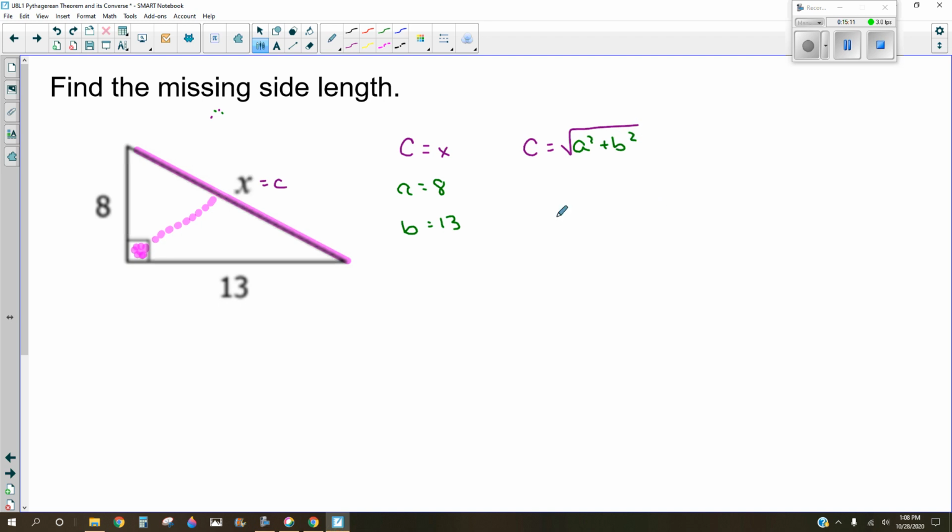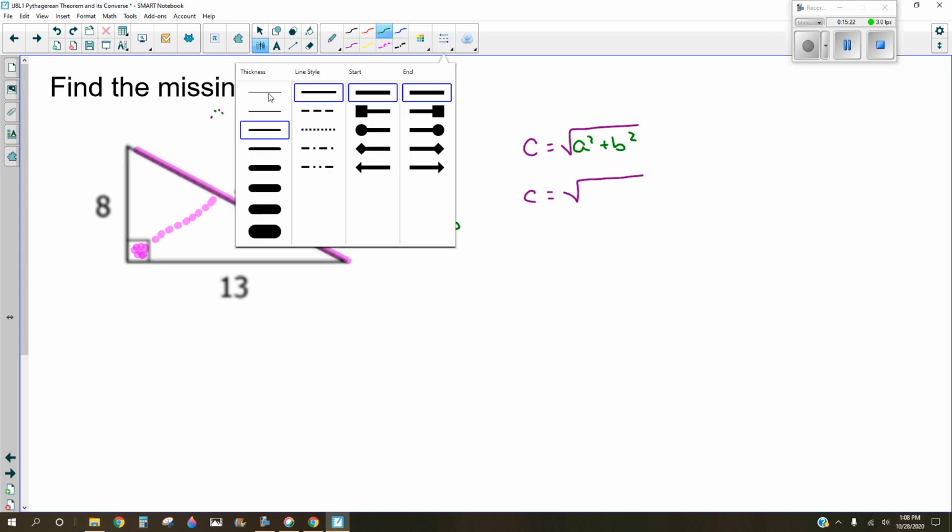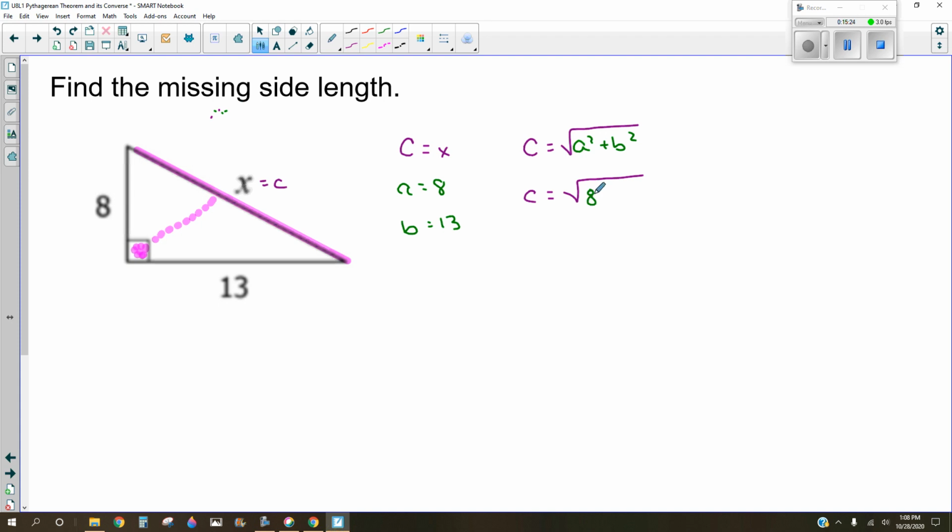Okay, so I'm just going to put numbers in here. All right? So I know that C is going to equal the square root of 8 squared plus 13 squared. Okay?